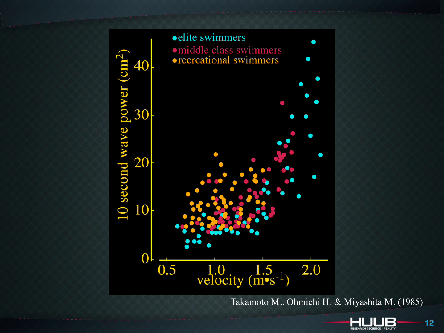So Takamoto, Omichi, and Miyashita, my Japanese colleagues, did a very interesting study which suggests that if you have a better technique, you're also able to swim at higher speeds. But if you swim at comparatively similar speeds, then the wave production is lower for elite swimmers in relation to recreational swimmers.